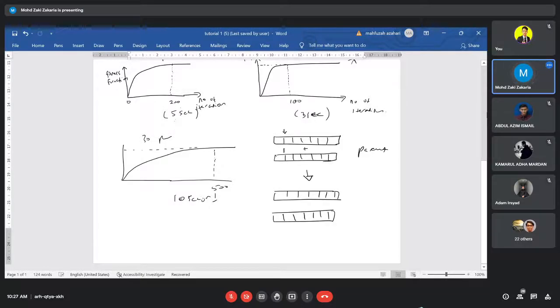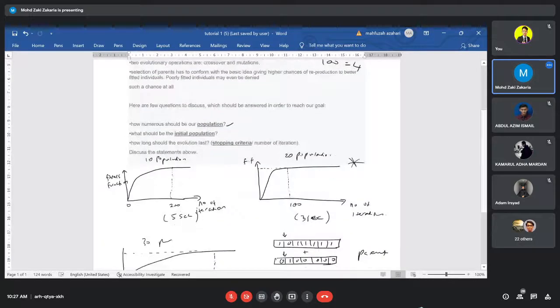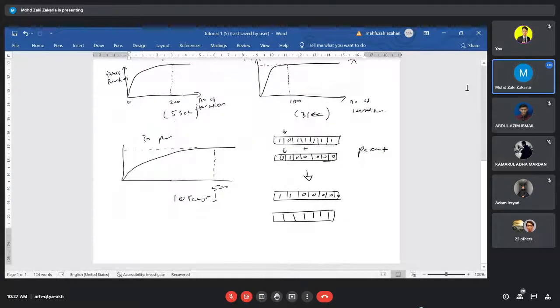at point 1, we do the crossover. So for example 1 0 1 1 1 1 1, and this one 0 1 0 0 0 0 0. So after crossover, the children may be like this 1 1 0 0 0 0 0, and another child like this 0 0 1 1 1 1 1.